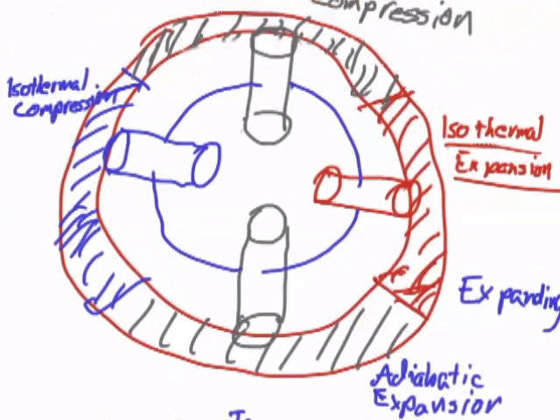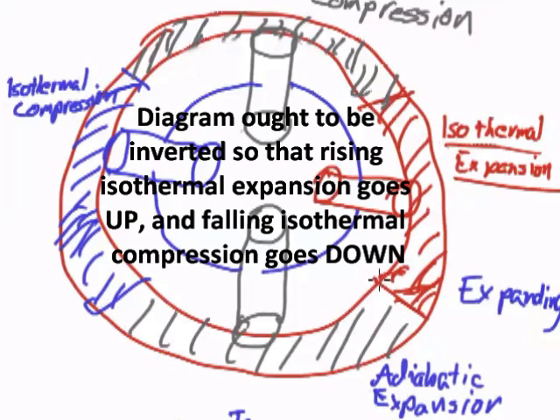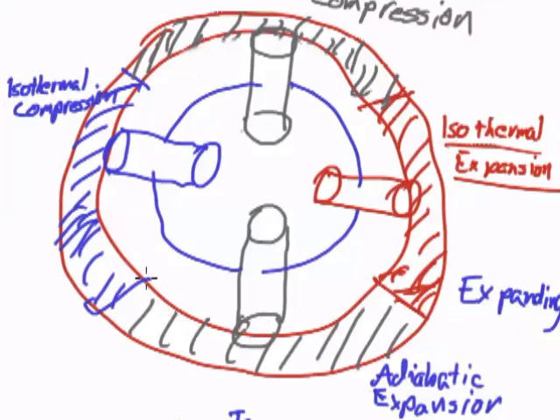Now, I'm going to just start saying some things that might not make sense, but maybe I'll be able to make sense of them later if I watch this again. But basically, the entropy gained by the gas in the isothermal compression and isothermal expansion could be converted almost or nearly entirely into work here.